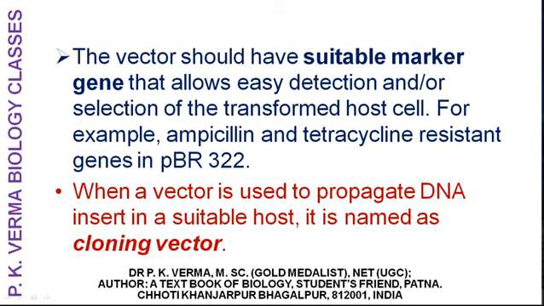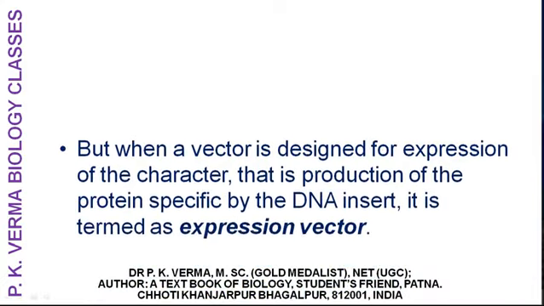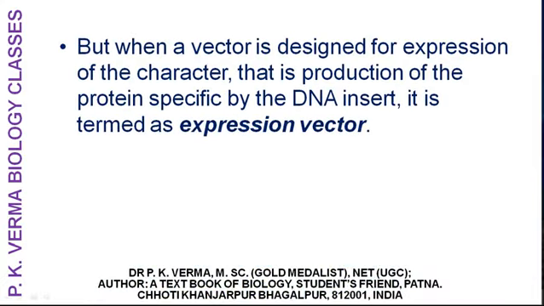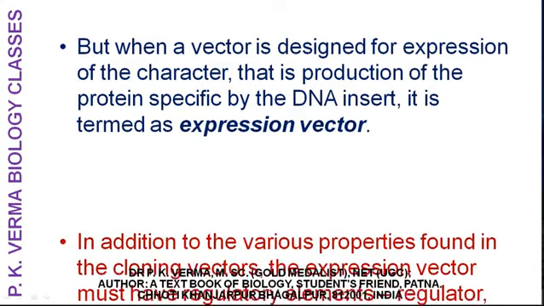When a vector is used to propagate DNA in a suitable host, it is named a cloning vector. But when a vector is designed for expression of the character, that is, production of the protein specific for the DNA insert, it is named an expression vector.